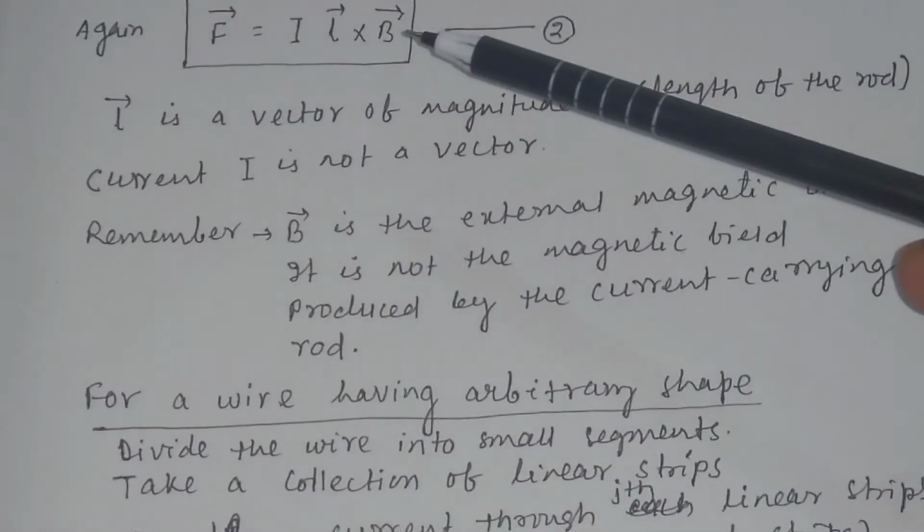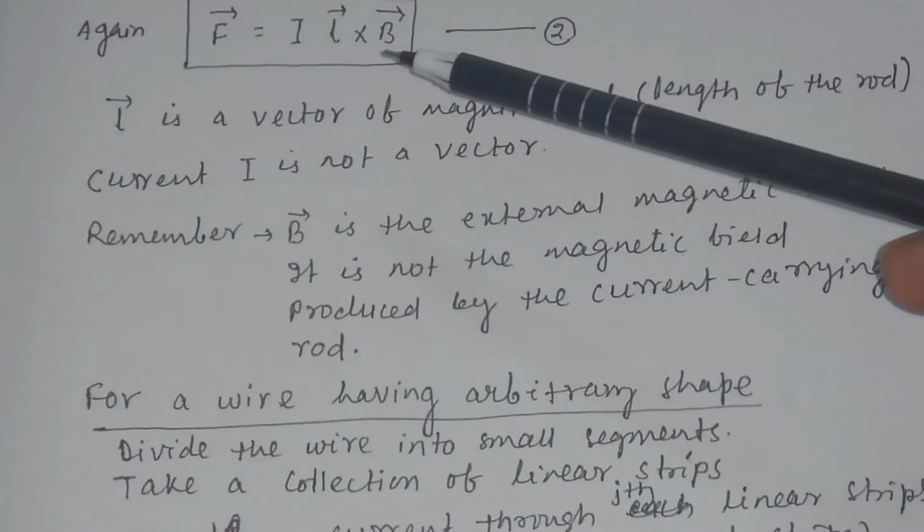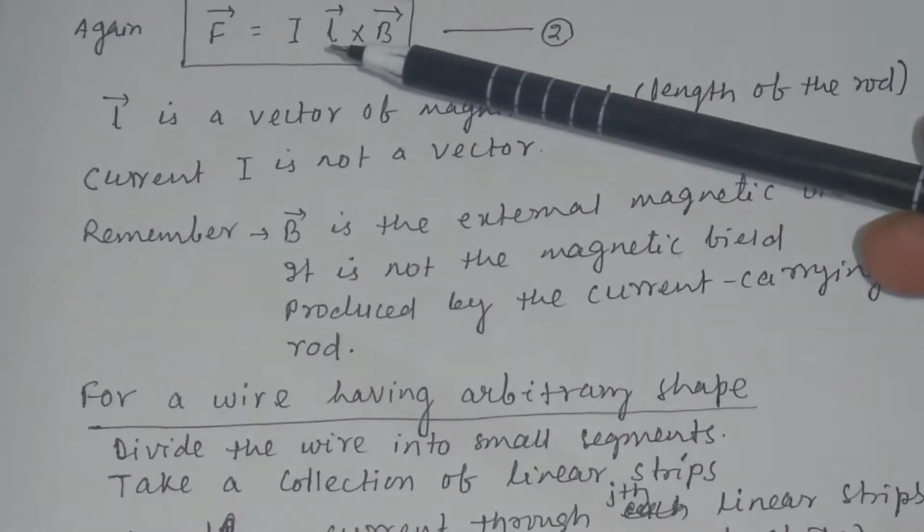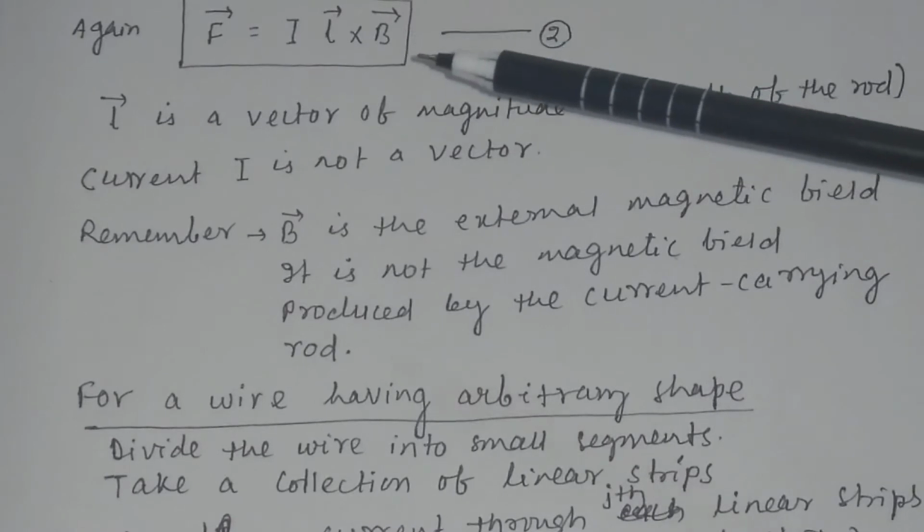You see, the J vector has been transferred to the L vector. So you can write F is equal to I L cross B.